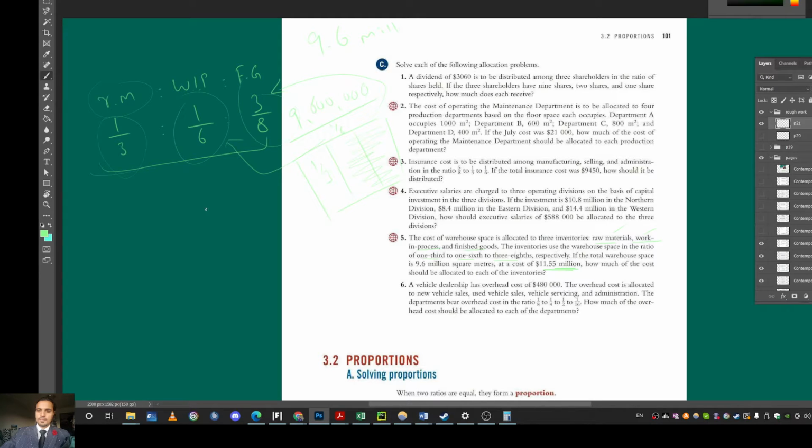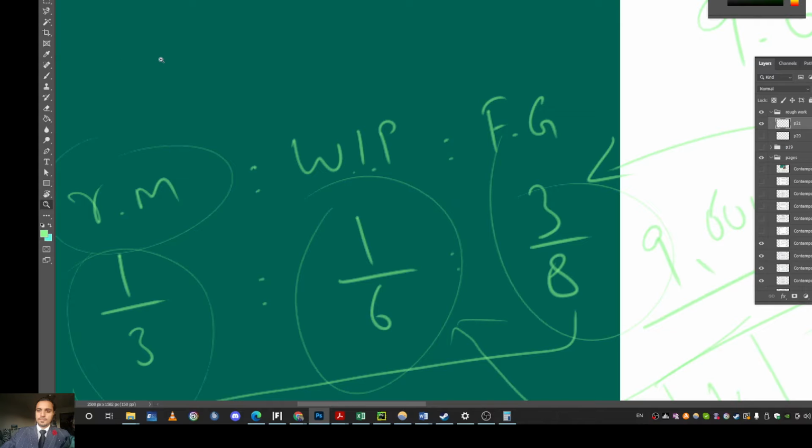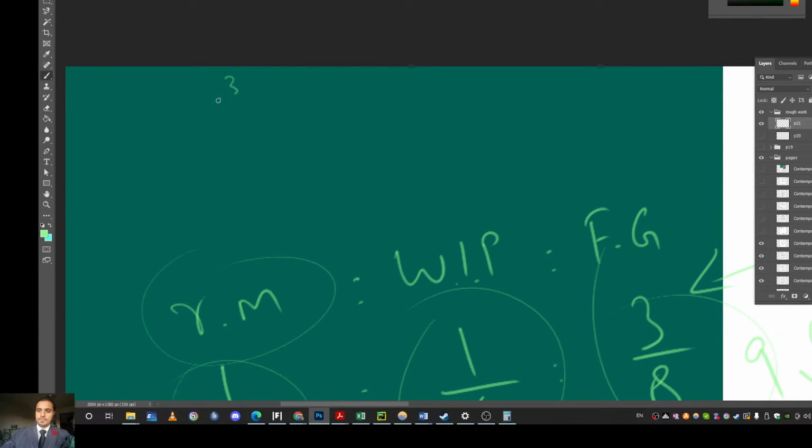But before we do that, remember the technique I showed you? We can find a common denominator by finding the least common multiple. Let's find the least common multiple for 3, 6, and 8. 2 divided by 2, 3 comes down as it is, and so on.